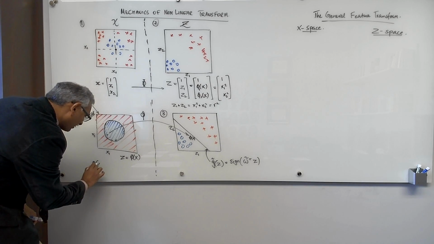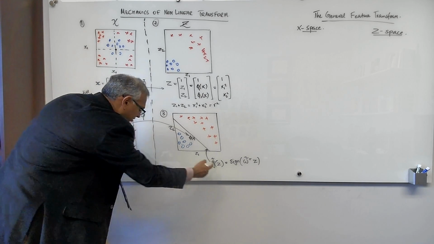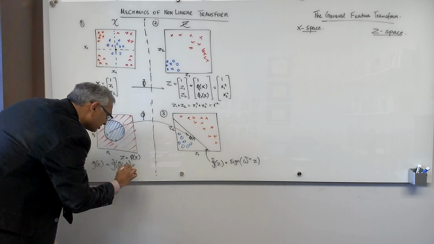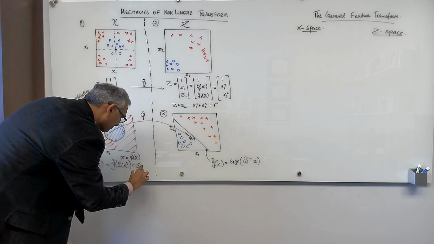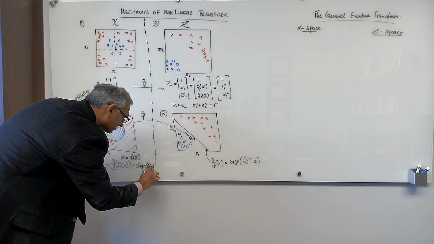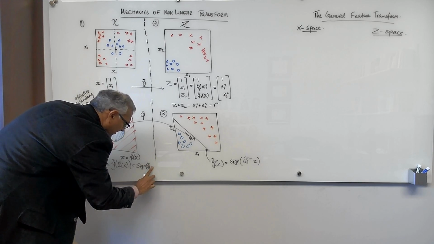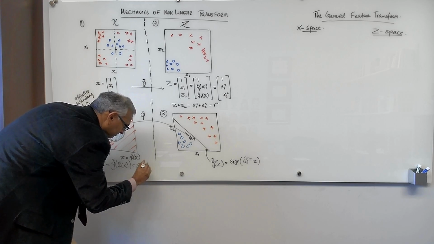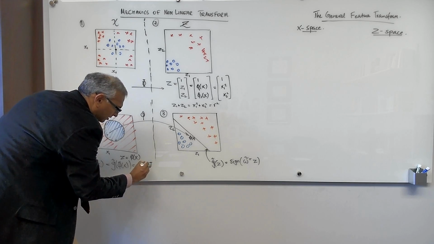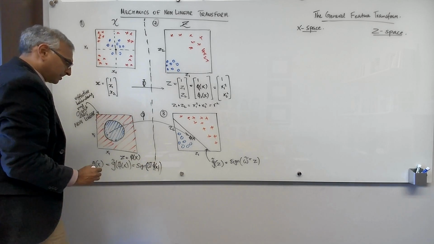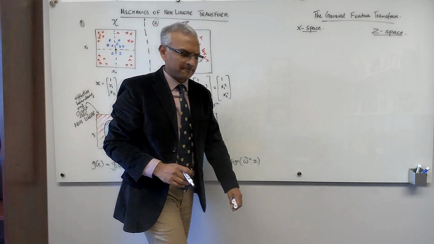G of x is equal to g tilde of phi of x, which is just the sign of w tilde transpose phi of x. And that'll appear in this summary.